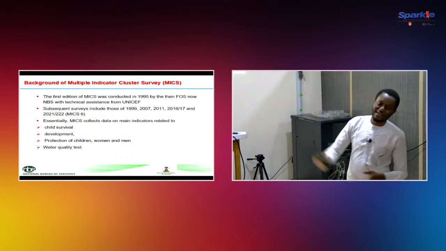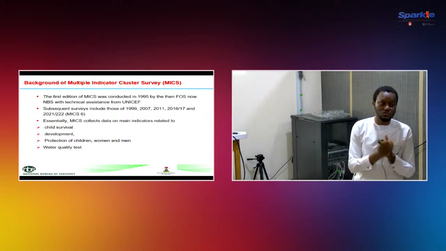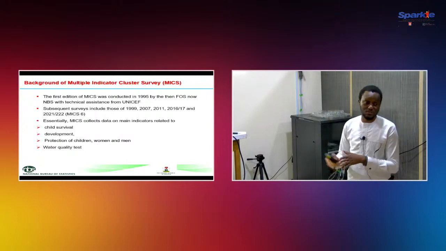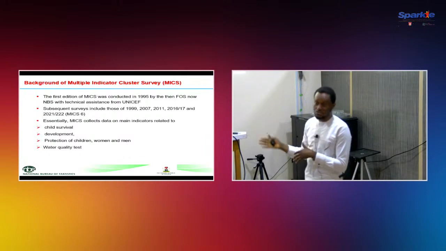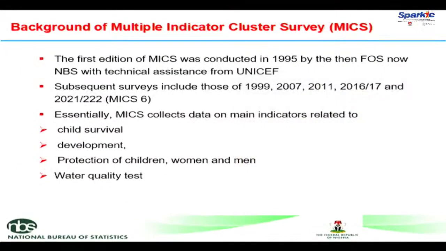We started at the tail end of 2021 and concluded that research in 2022, and the research has been launched and is available for your consumption. Essentially, MICS collects data on main indicators related to child survival, development, protection of children, women, men, water quality tests.